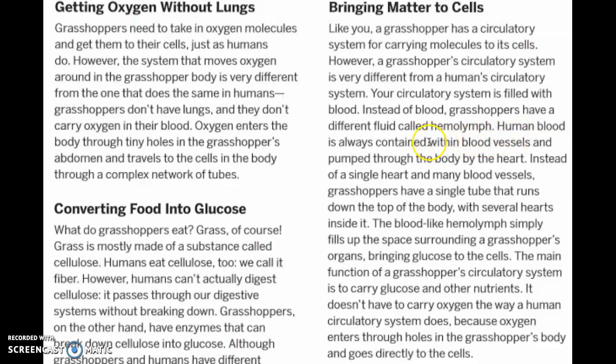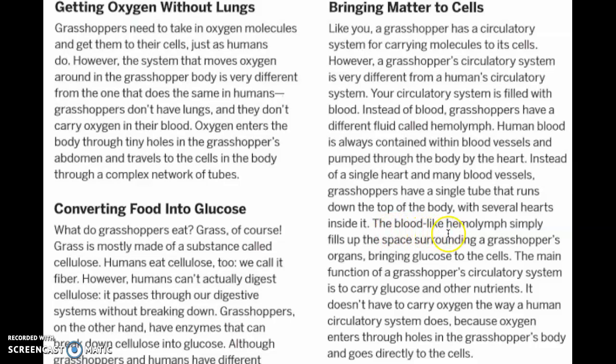Okay, the human body's blood is always contained within blood vessels and pumped through the body by the heart. Instead of a heart and many blood vessels, grasshoppers have a single tube that runs down the top of the body with several hearts inside it.